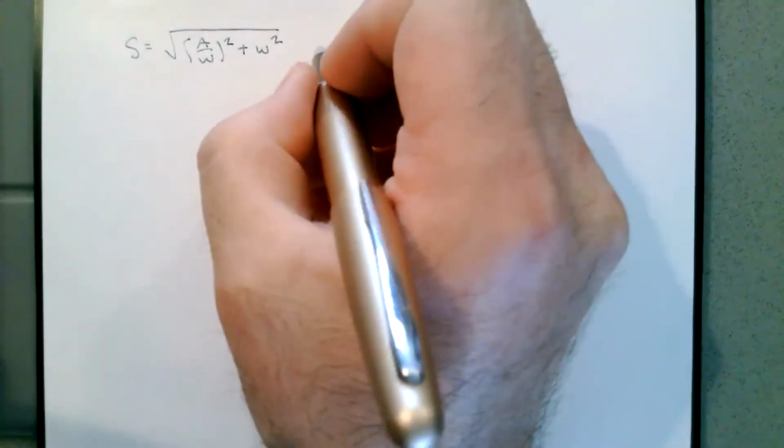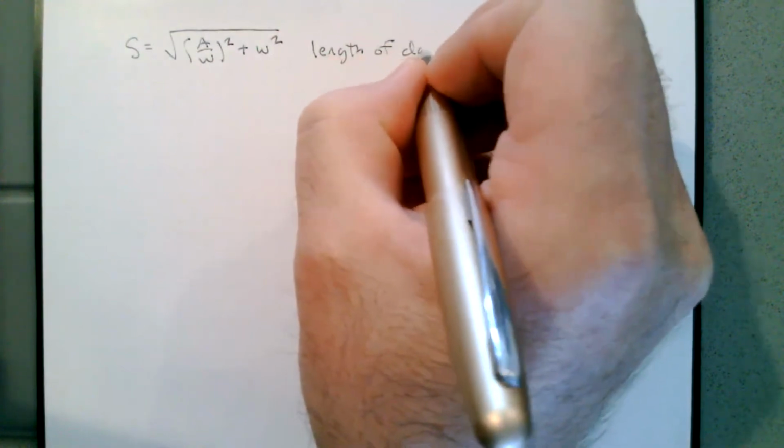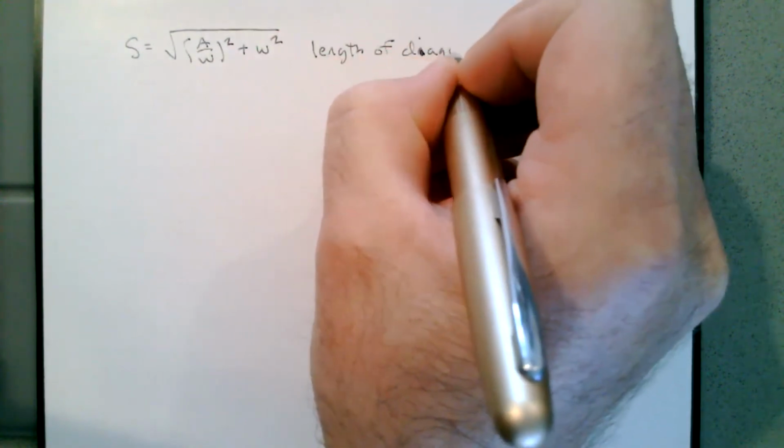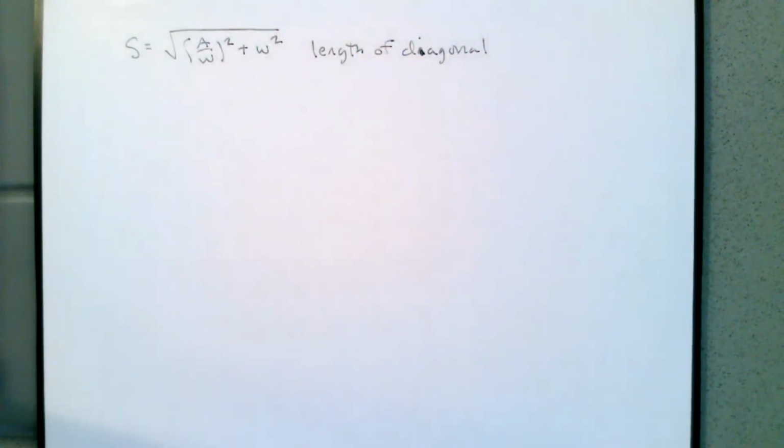So this is the length of the diagonal. A common substitution, because this square root is sitting over the whole thing, is to, instead of minimizing the length of the diagonal, minimize the square of the length of the diagonal. Because if you make the square of the length as small as possible, that will mean the length is as small as possible.